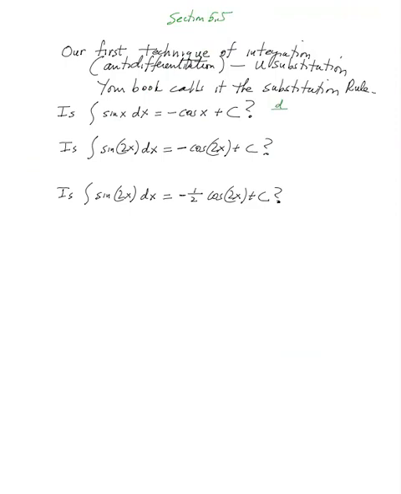Let's take the derivative of negative cosine x plus c, and we get negative the derivative of cosine x, which is negative sine x. Negative negatives are positive. This matches this sign, so the answer is yes.